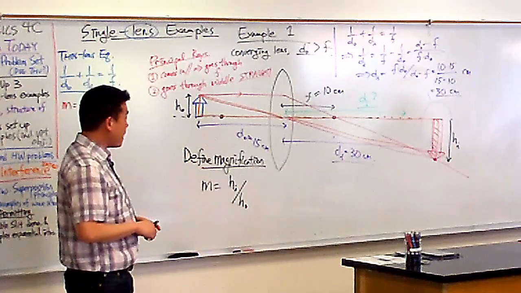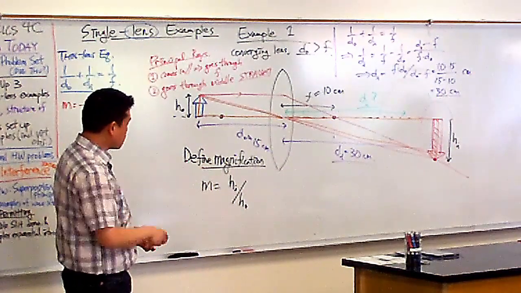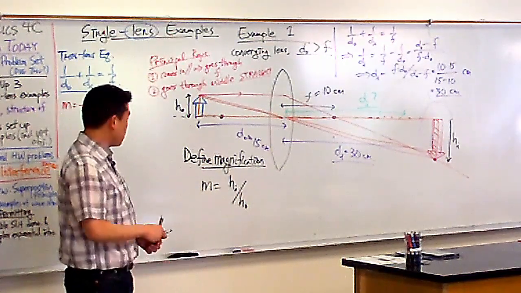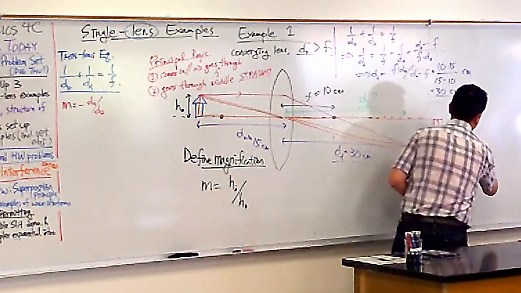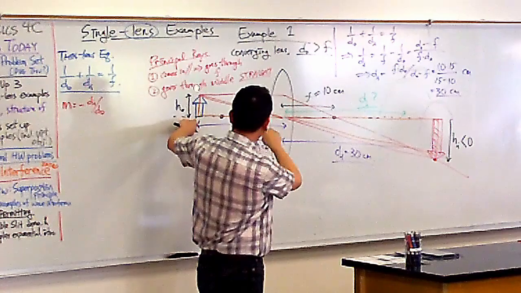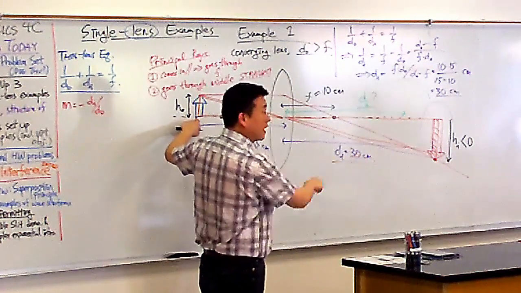We are going to allow this magnification to be positive or negative. This H_I here, as drawn, should actually be a negative number, because the object started out upright and it's going below the axis. So we say this is a negative number.